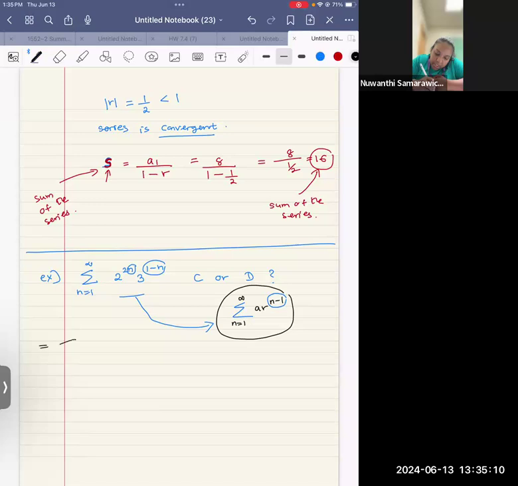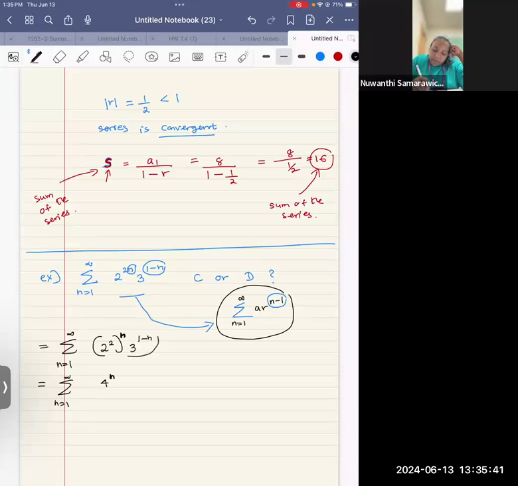We can first write this as 2 to the power 2n, by exponent knowledge. And this is 3 to the power 1 minus n. So 2 to the power 2 is 4, to the power n.